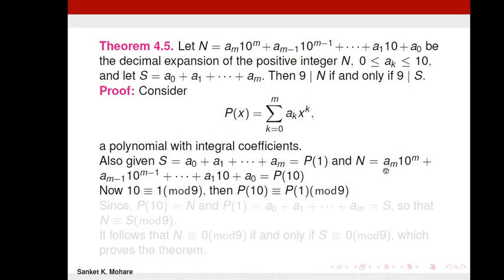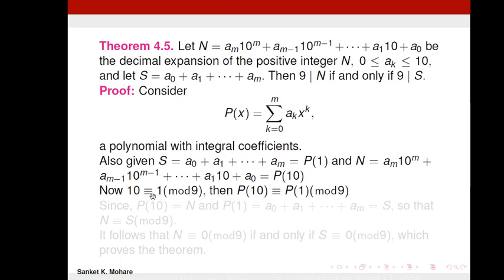And n equals am 10 to the power m plus a suffix m minus 1 10 to the power m minus 1 plus and so on plus a1 10 plus a0. This is equal to P of 10, that is, P of 10 is the sum of ak 10 to the power k, k varies from 0 to m. So we have P of 1 and P of 10.